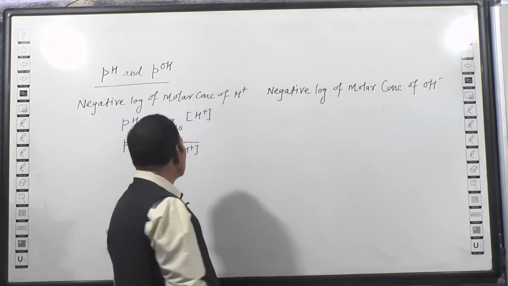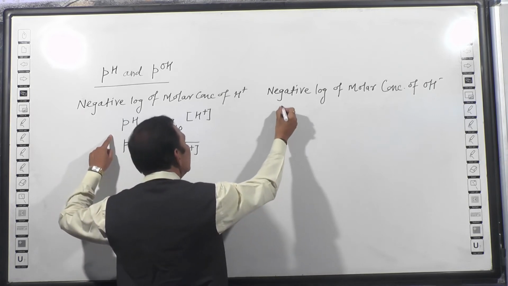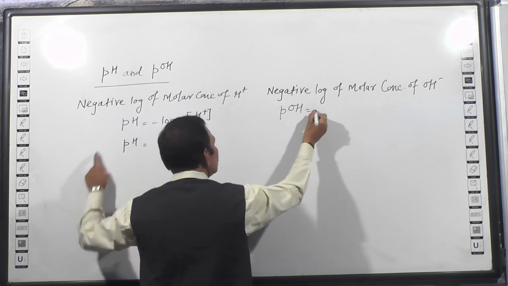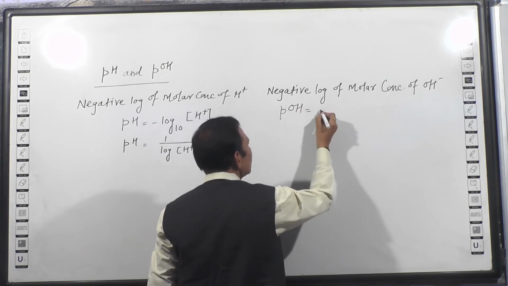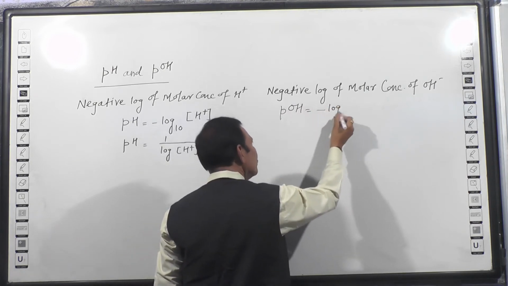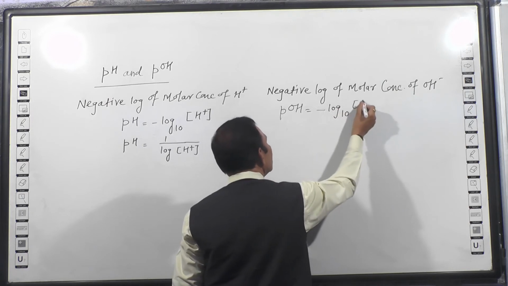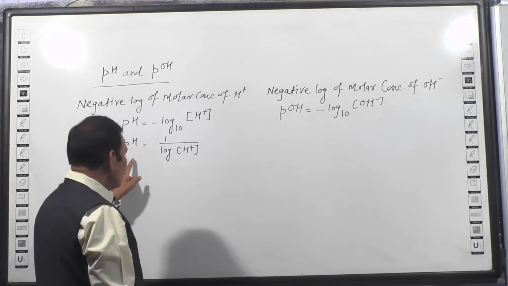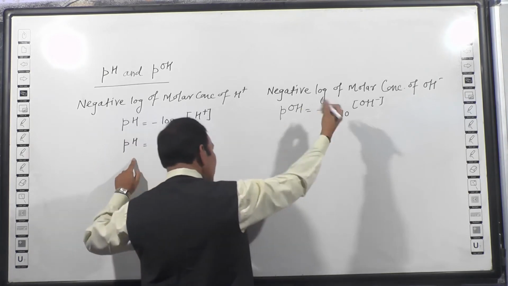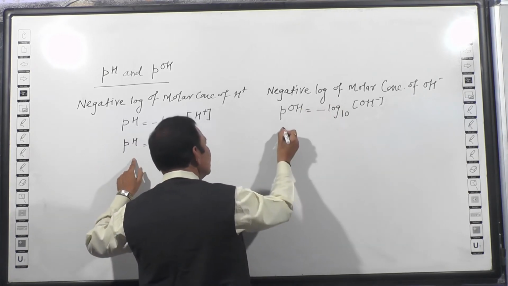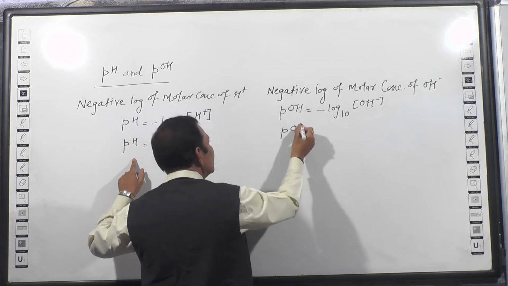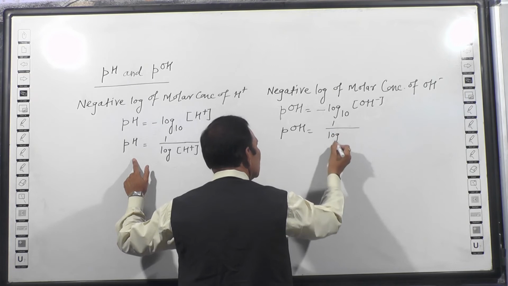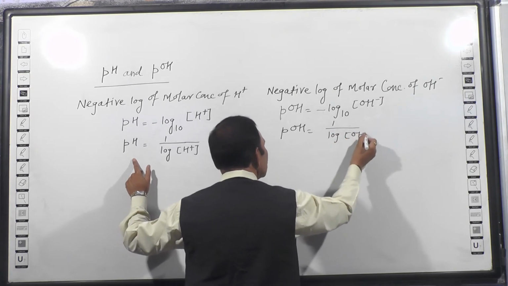Mathematical form similar to this, pOH is equal to minus log base 10, no need to write every time, OH minus ions. Okay. Parallel to this, the term can be taken in the denominator, minus sign will go. We can also write this as pOH is equal to 1 upon log OH minus ion concentration.